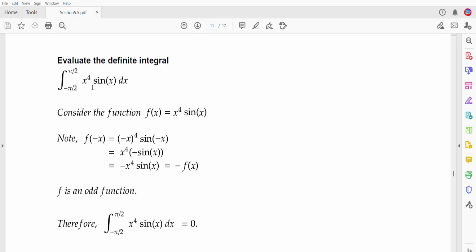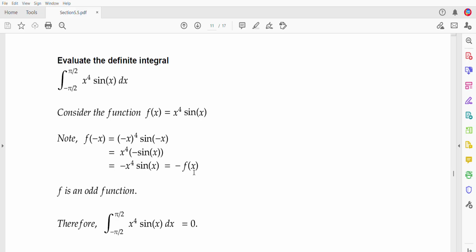But what can we say about this function? Let me plug in negative x. f of negative x is negative x to the power 4 times sine of negative x. Negative to the power 4 is positive, but sine of negative x comes out. So overall, negative survives. So f of negative x is negative f of x.